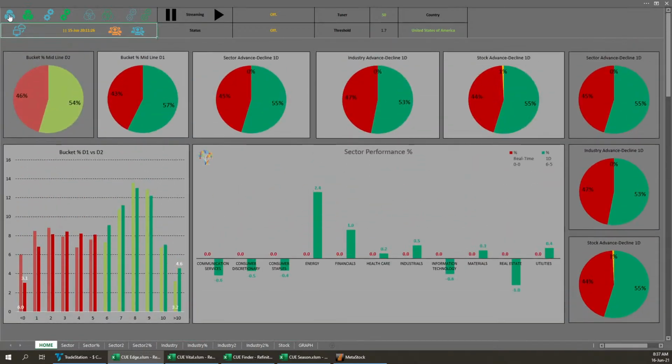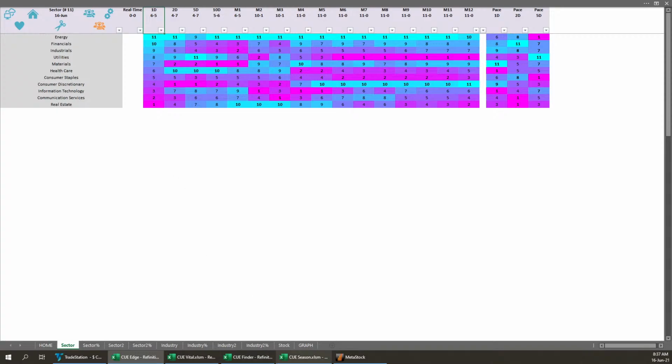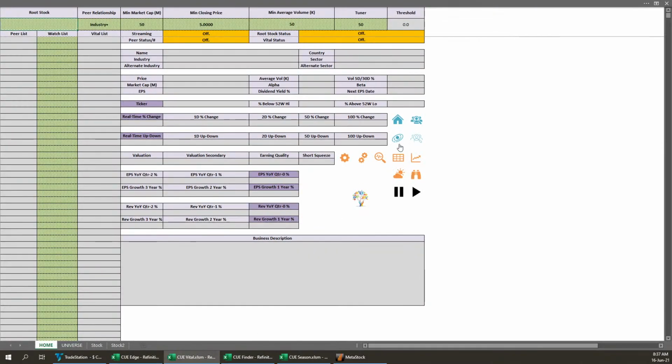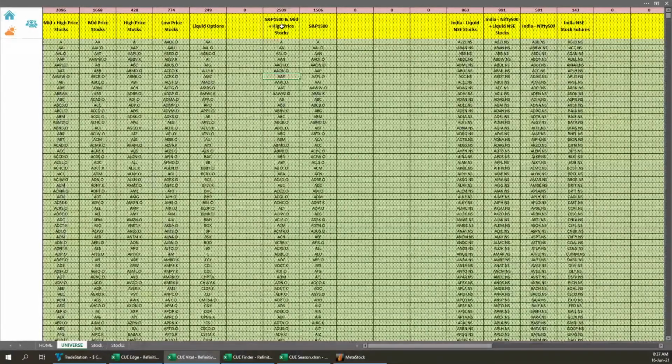Now how I do it, for example, let's go to the sectors. Look at the best performing sectors. But while I am doing that, let me calculate the scorecard of all the S&P 1500 stocks and mid and high price stocks.